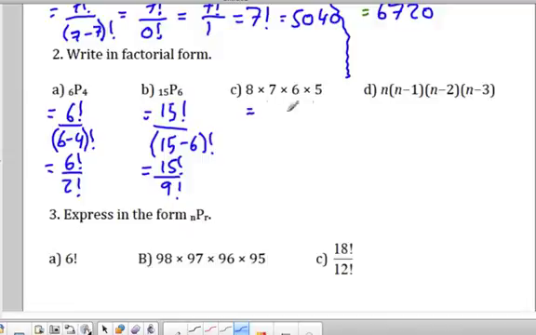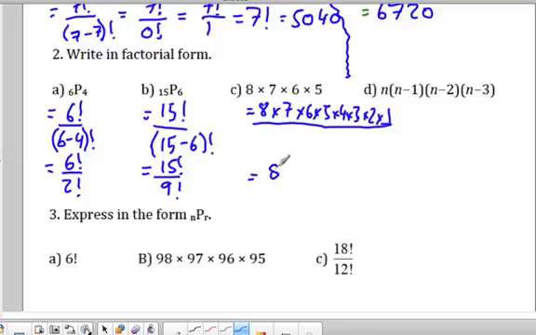Now, if we're asked to do this in factorial form, I'm going to rewrite this: 8 times 7 times 6 times 5 times 4 times 3 times 2 times 1 is 8 factorial in the numerator.